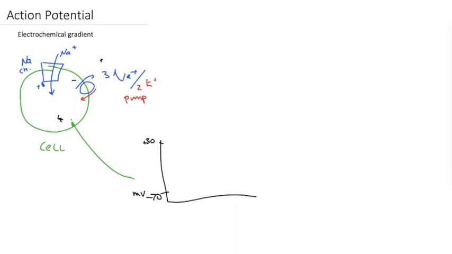If this gets a little bit positive on the inside, this allows this channel to allow this flux of sodium in, because there's more sodium on the outside than on the inside. And so basically there's some sort of disruption to the cell to allow that to happen.